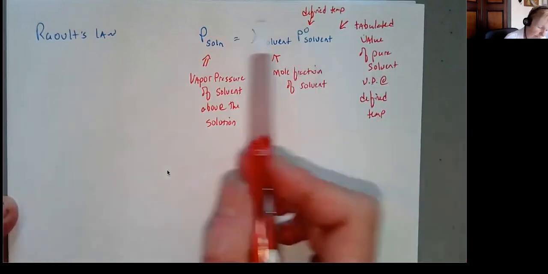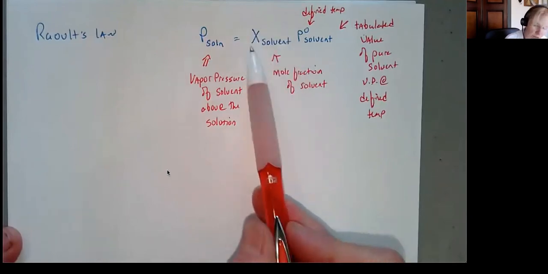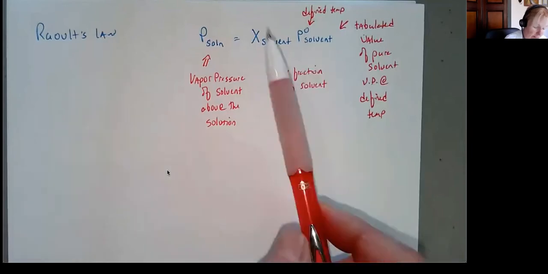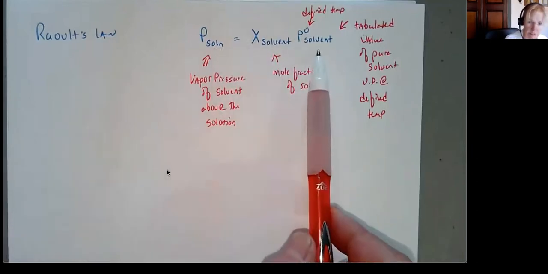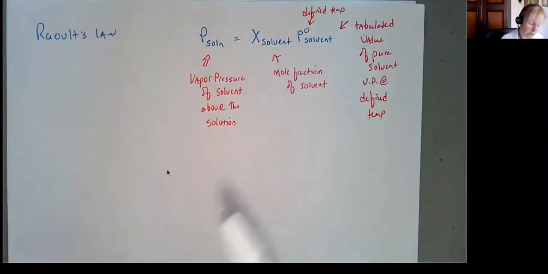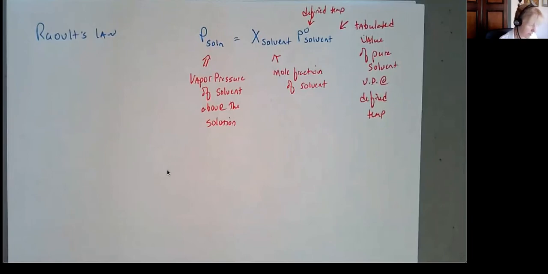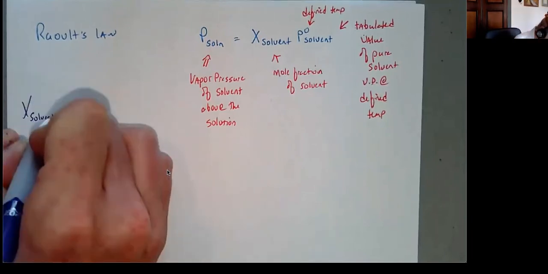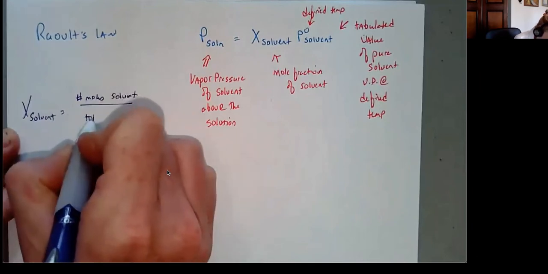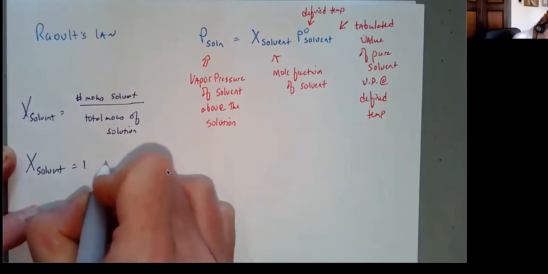When I plug it into this equation, if I have pure solvent and no solute in there, then this is 1 and these two equal each other. But as I start to add in more and more solute, my mole fraction of solvent is going to go down. Remember, X of my solvent is the number of moles of solvent over total moles of solution. So X of solvent equals 1 if no solute.